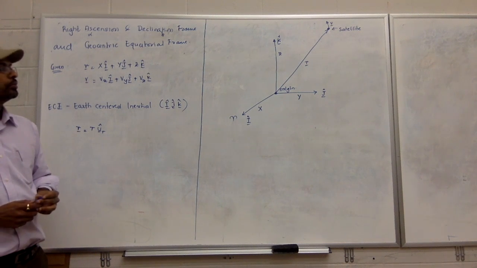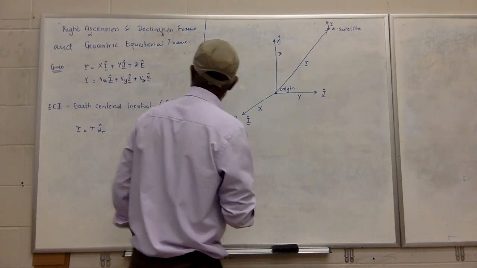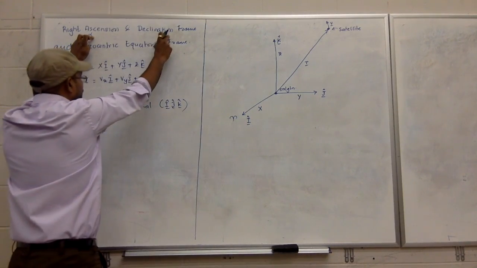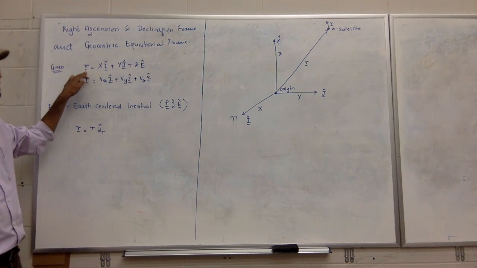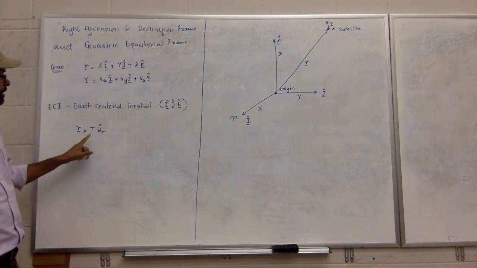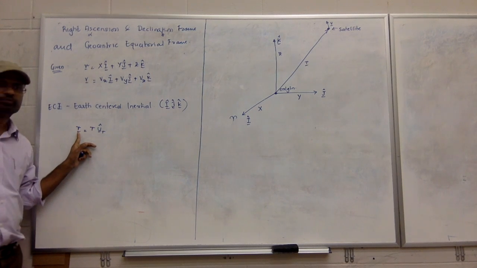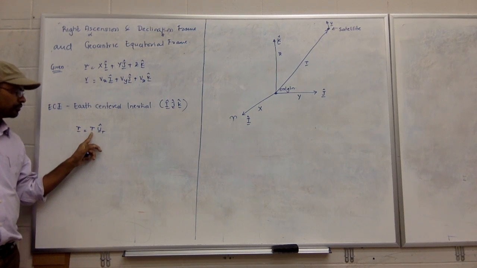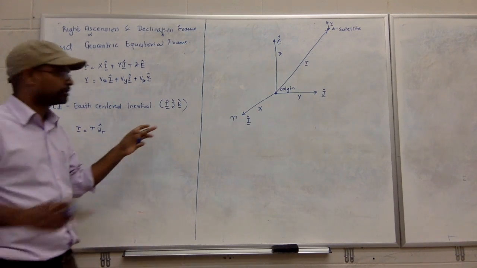Now, what is the correlation between this alpha, delta, and this thing? So this R can be expressed as, what is this R and what is this UR? This R is simply the distance.